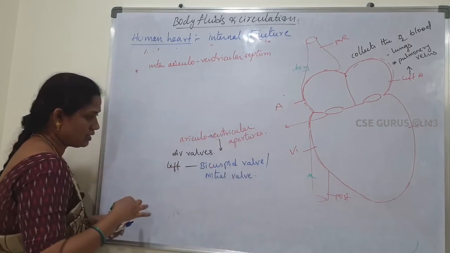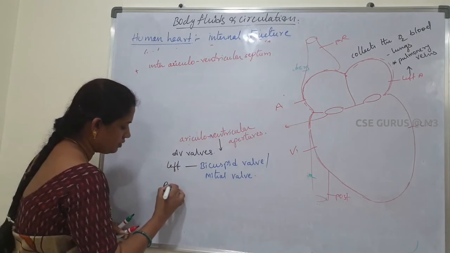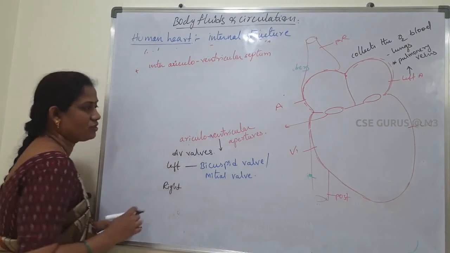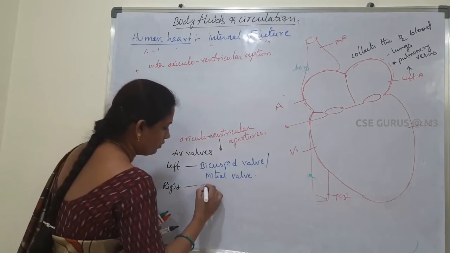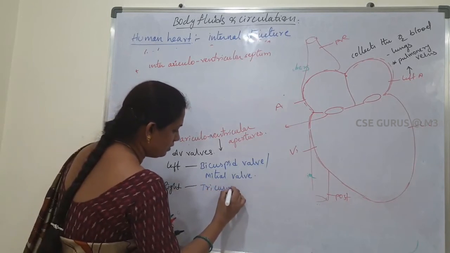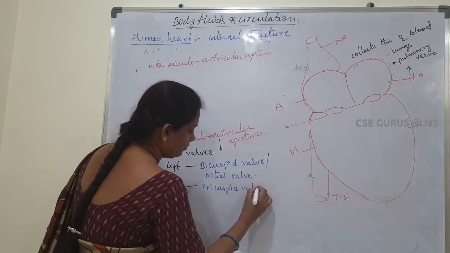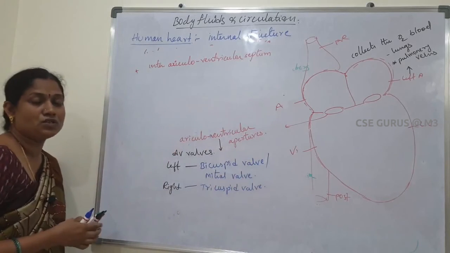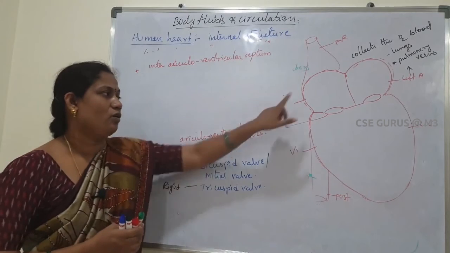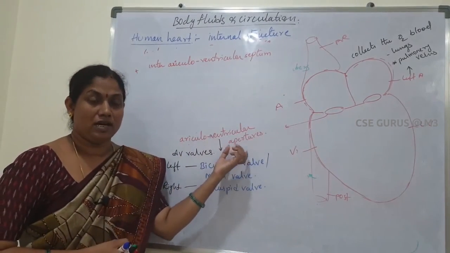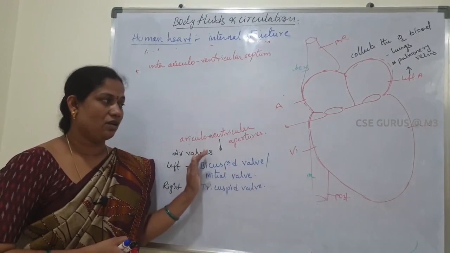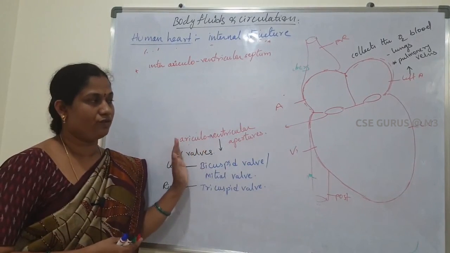The right auriculoventricular aperture is guarded by the tricuspid valve. These valves control the opening and closing of the auriculoventricular apertures. So this is about the structure of the atria.